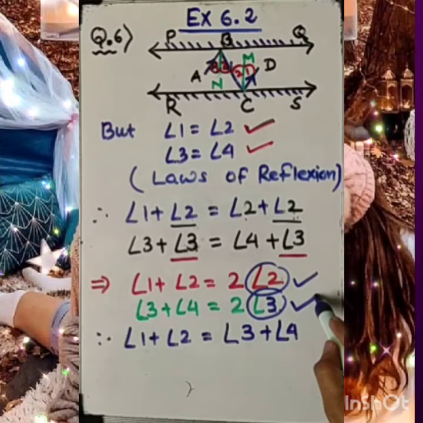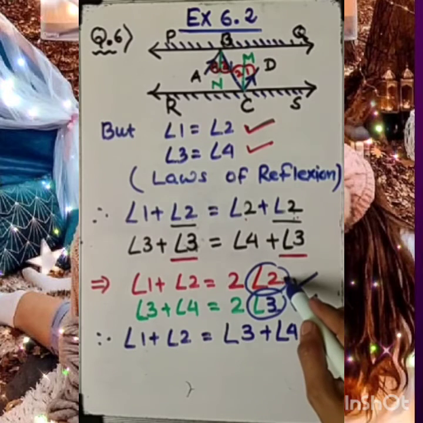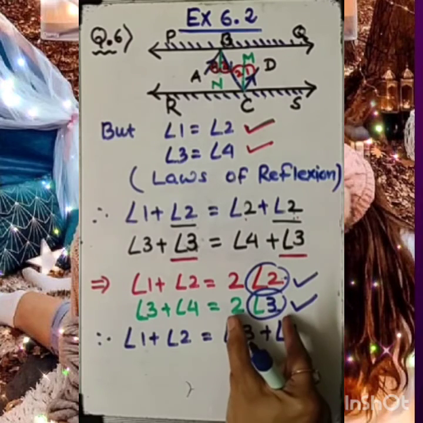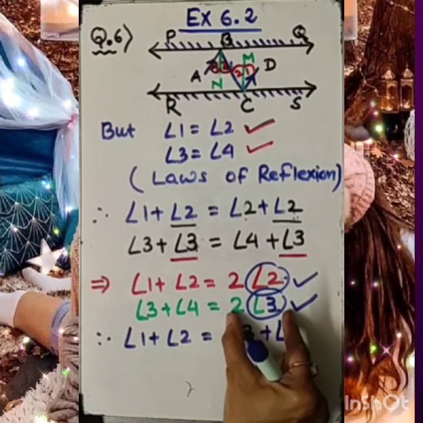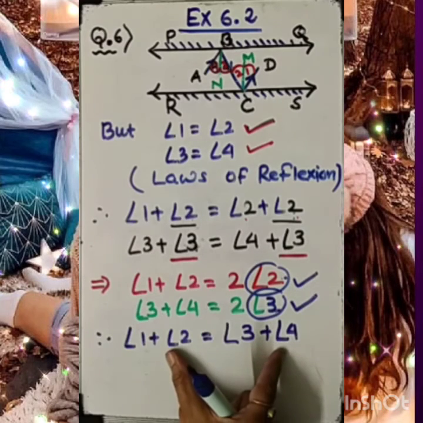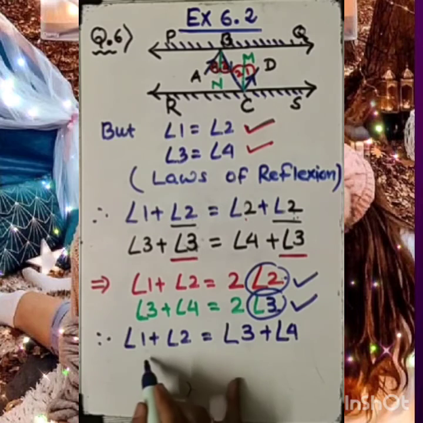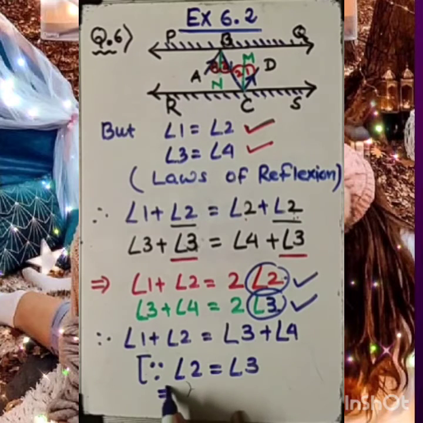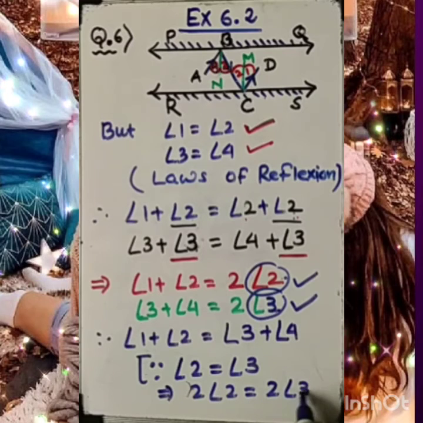Both right sides are similar, so the left sides should also be similar. We know angle 2 and 3 are similar, so 2 into angle 2 equals 2 into angle 3. This result we are going to apply here.